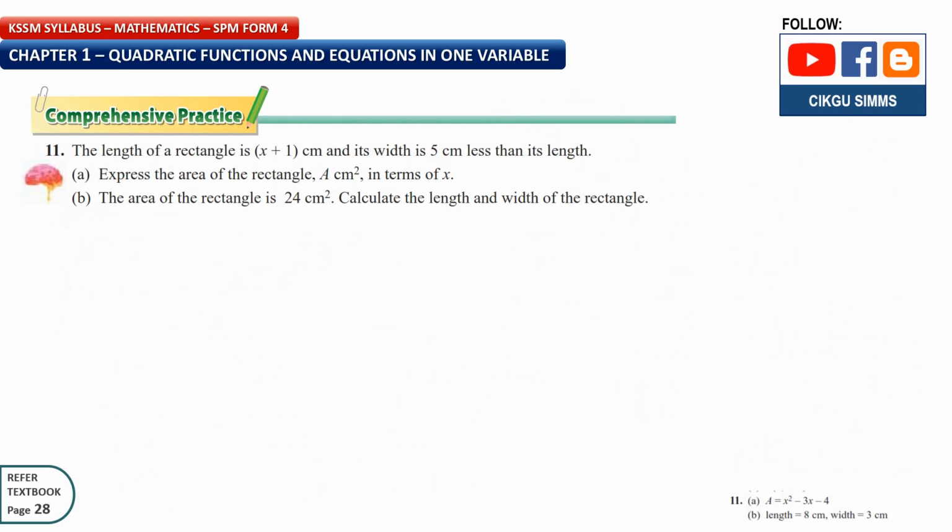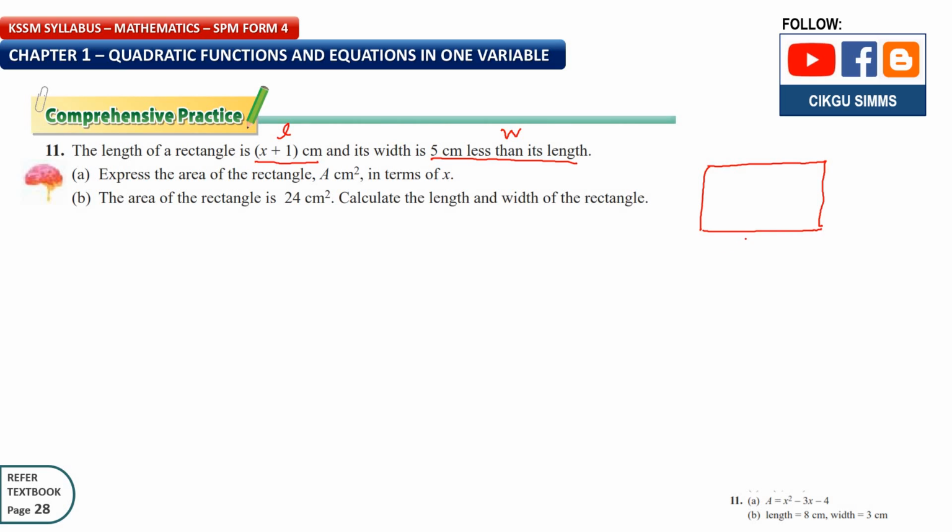Okay, so let's see question 11. The length of a rectangle is x plus 1 and its width is 5 cm less than its length. So I got this length and then I have the width. Actually, you can draw a rectangle if you want to be clear.